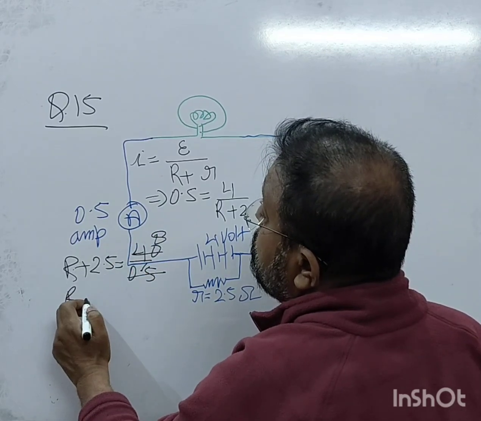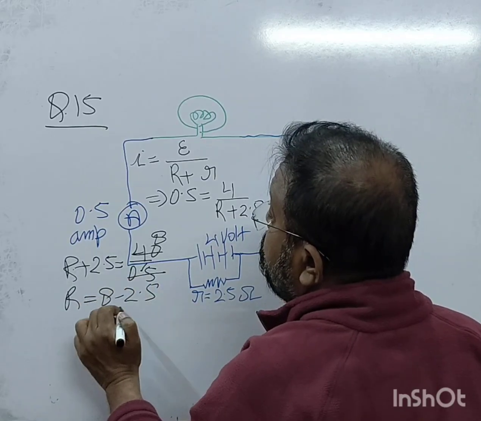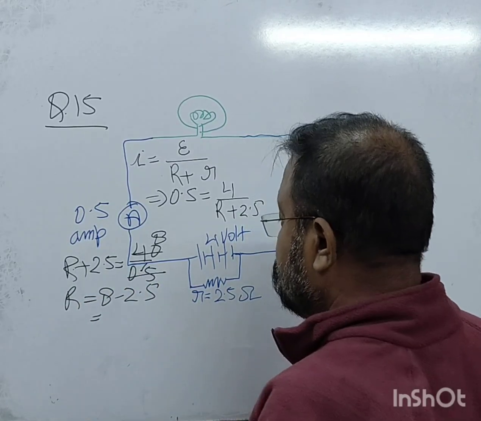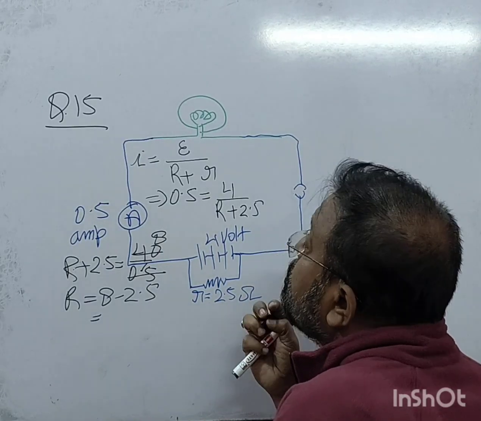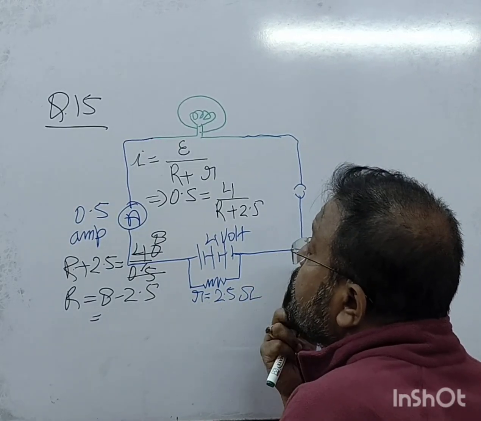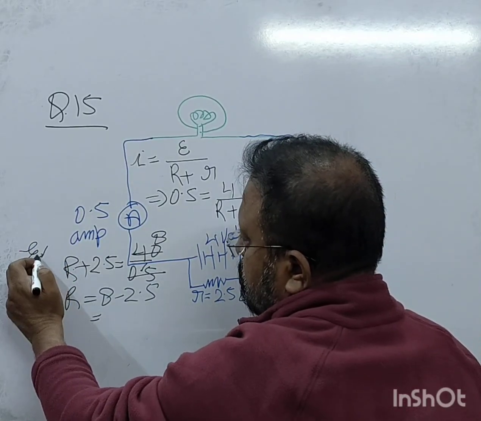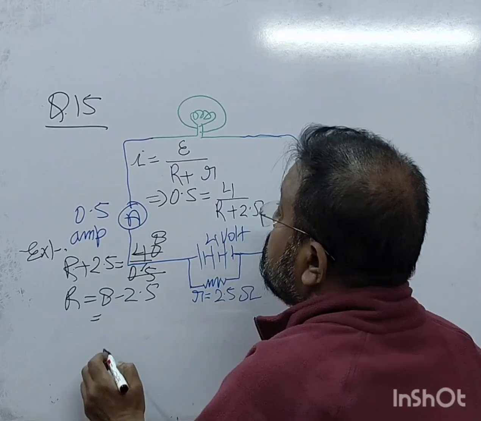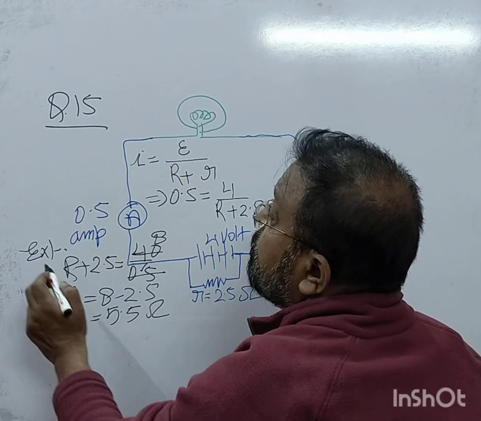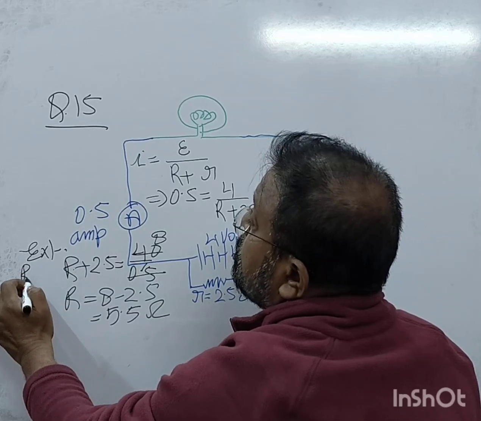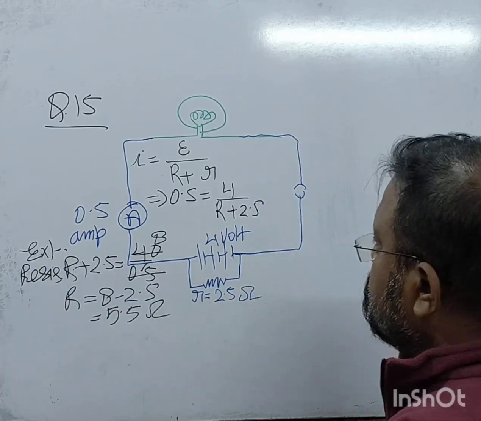So R is equal to 8 minus 2.5. This is the external resistance, which is 5.5 ohm. External resistance is 5.5 ohm.